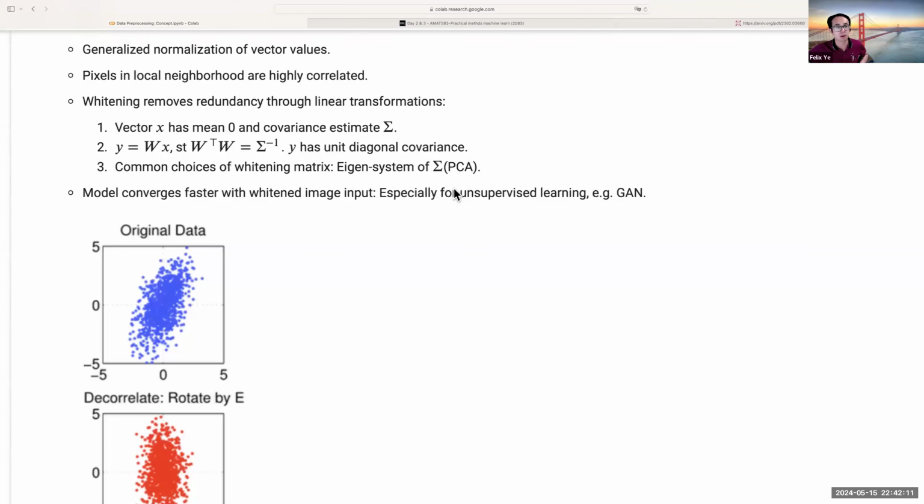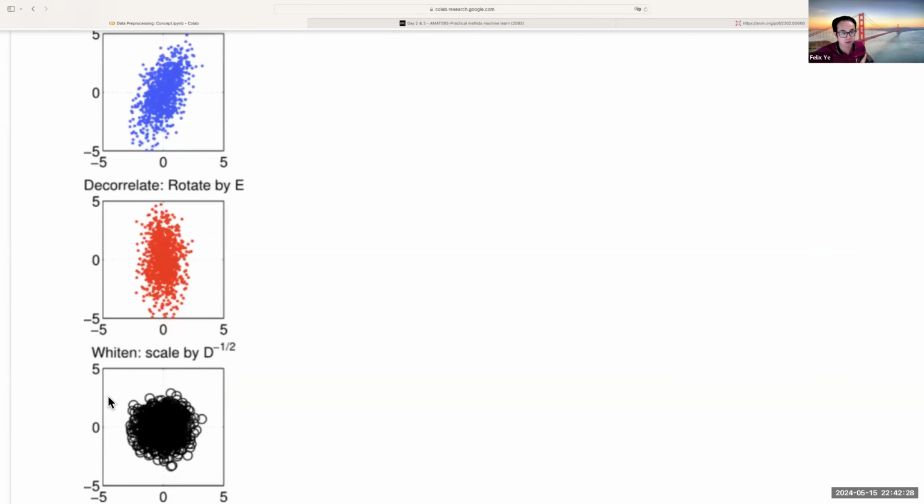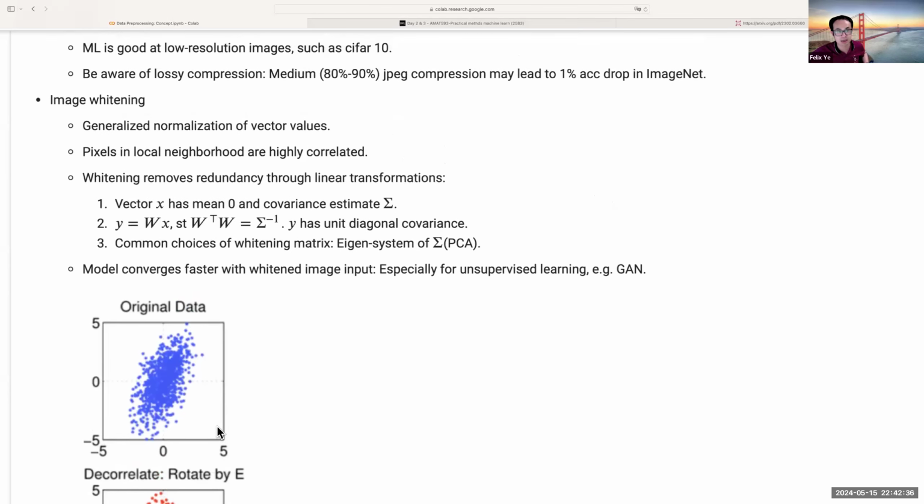So this is your original data. What you can do is find the decorrelation, rotate by the angle E, and scale by the square root of D. This whole process is very much like doing PCA, principal component analysis.